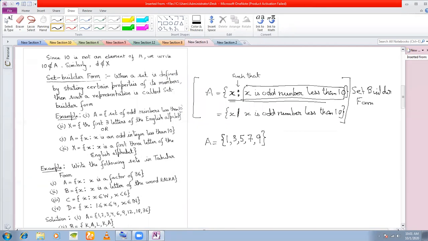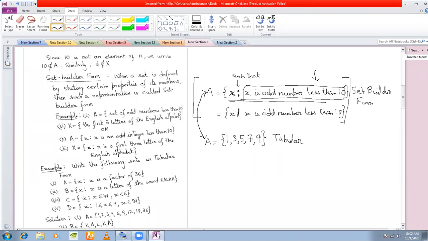So when this set is written in tabular form, this is what it looks like. These two sets are the same, except that this is written in tabular form, and this has been written in set builder form.